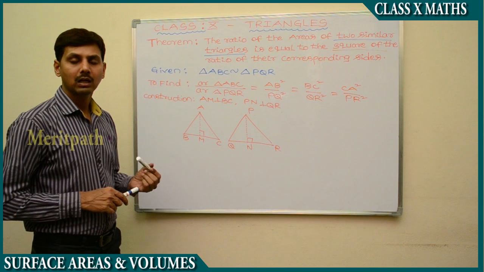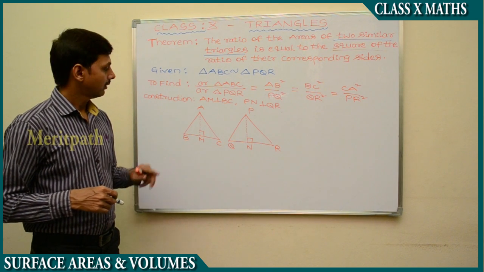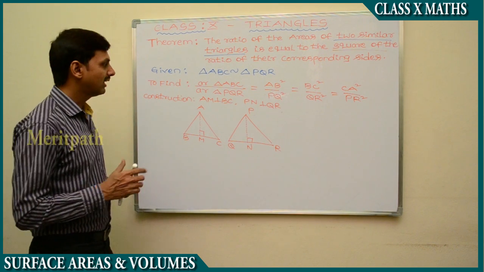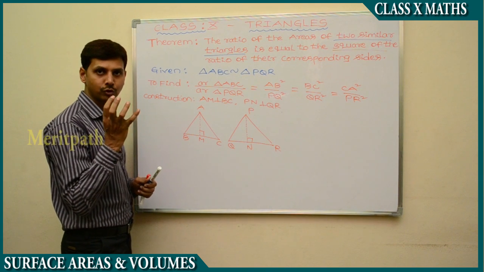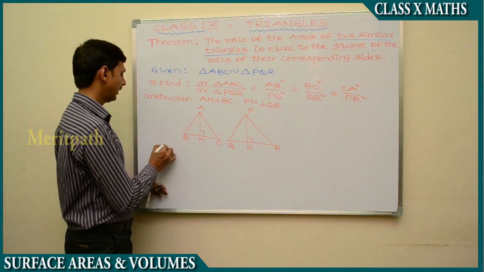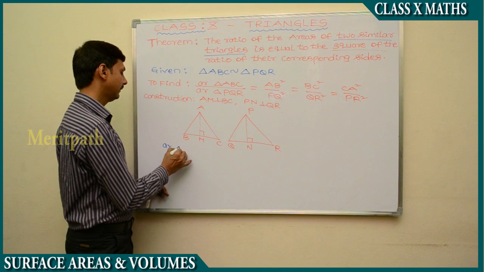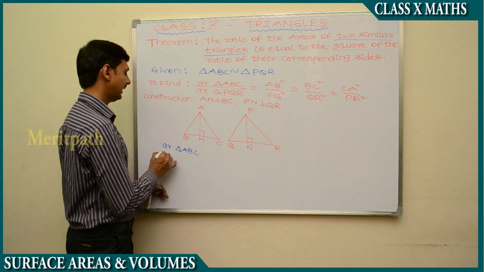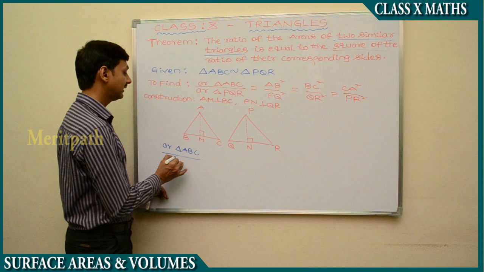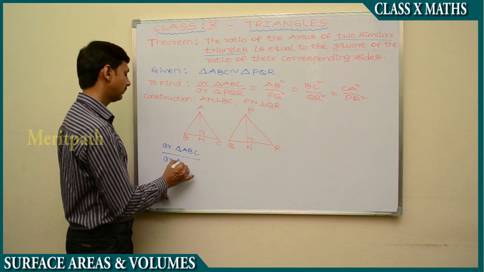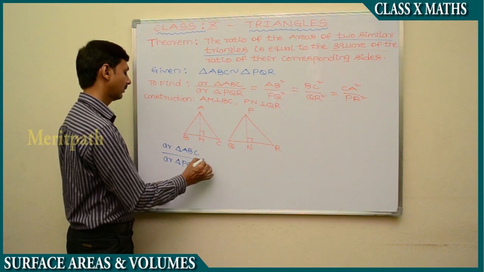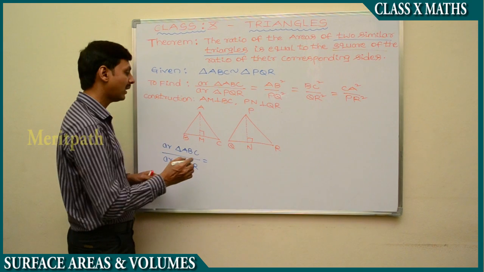So construction we have done. What we can observe is that the two triangles are similar. So let's find the areas of these two triangles. Area of triangle ABC by area of triangle PQR, let's take the ratio of both. Area of triangle ABC is half into base into height.